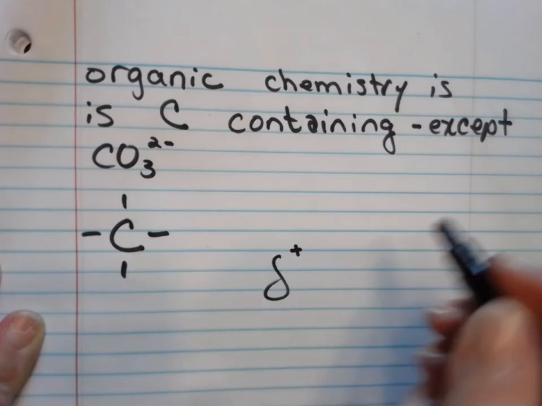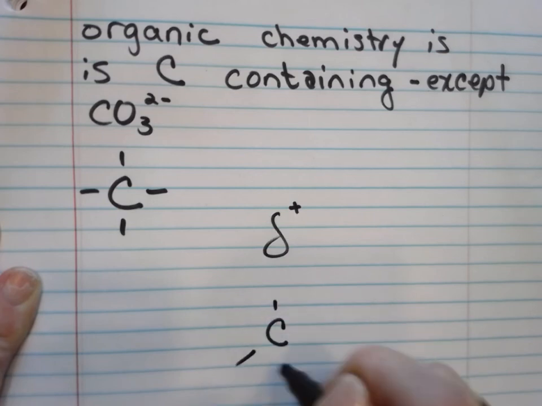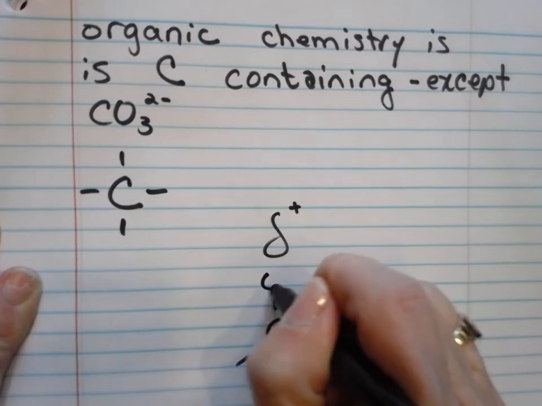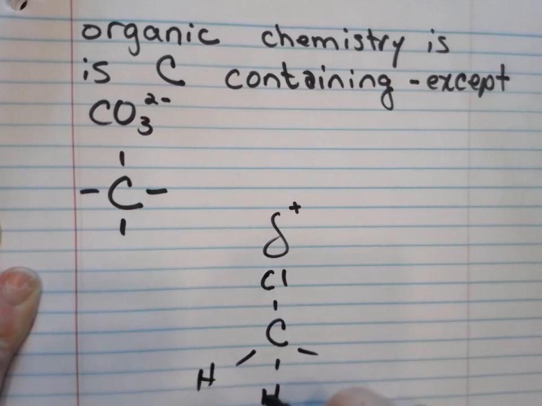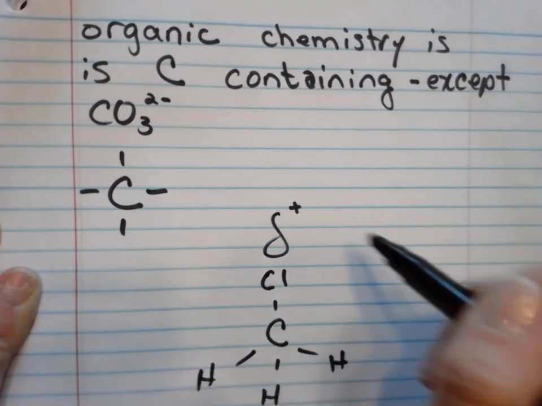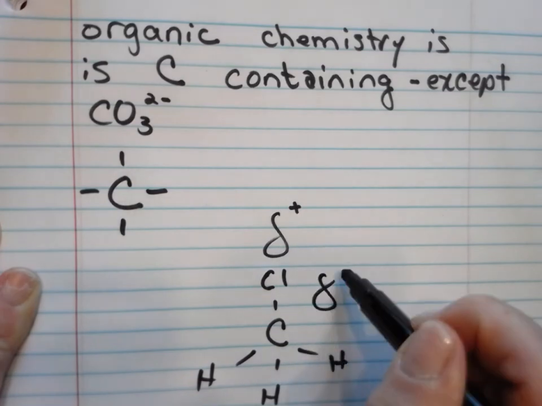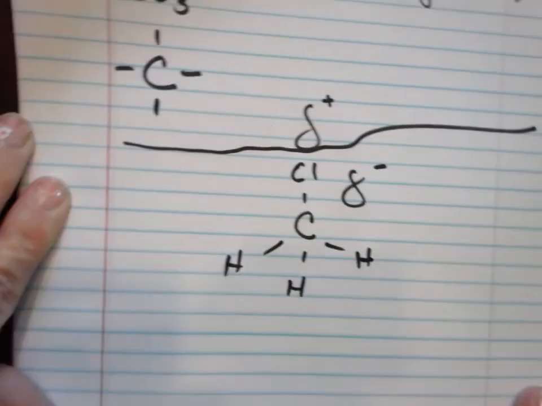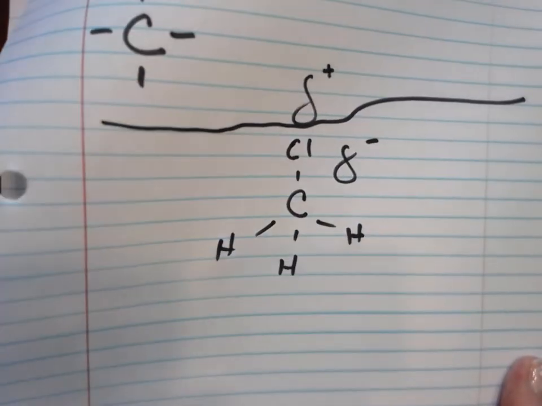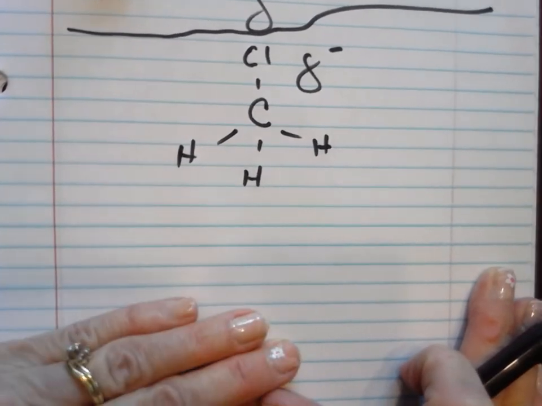So, for example, if we take a carbon and bond it to a halogen, in this case chlorine, this end would be partially negative. Draw a divider line there so that you don't think that that's a positive end.